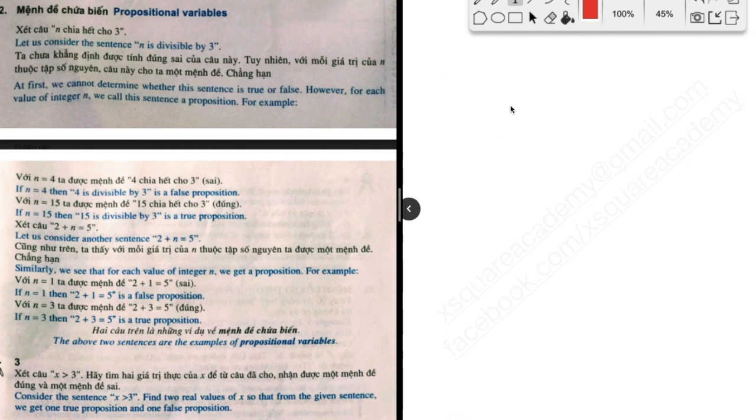For example, integer n can include the natural numbers like 1, 2, 3, 4, etc. Or the negative numbers like -1, -2, -3, -4, etc. And it includes 0. So these are integers.